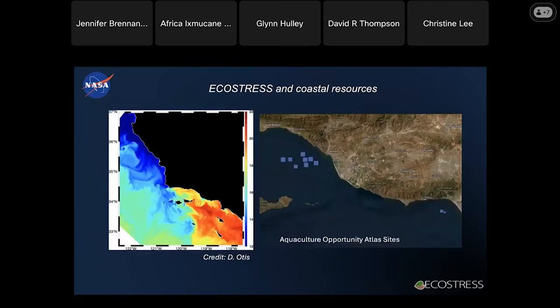Just another quick example of the level of detail that we can get with that higher spatial resolution surface temperature information over coastal zones. And if we could do a deeper dive into aquaculture opportunity sites, that may help us inform how to better understand conditions associated with maintaining aquaculture sites.